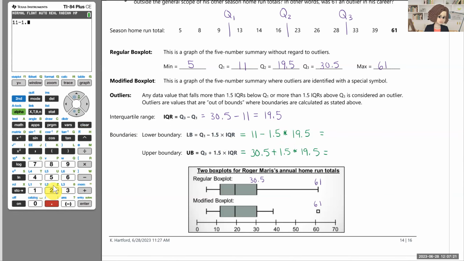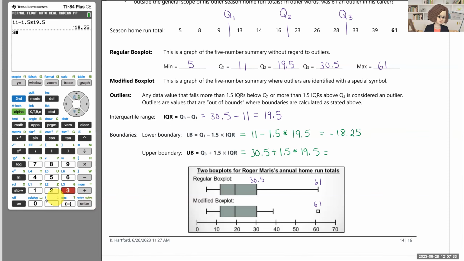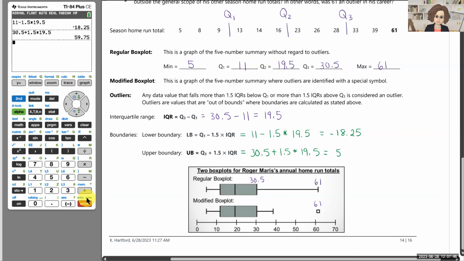So 11 minus 1.5 times 19.5, that brings me down to negative 18.25. And then for the upper boundary, 30.5, add 1.5 times IQR. And that is 59.75.